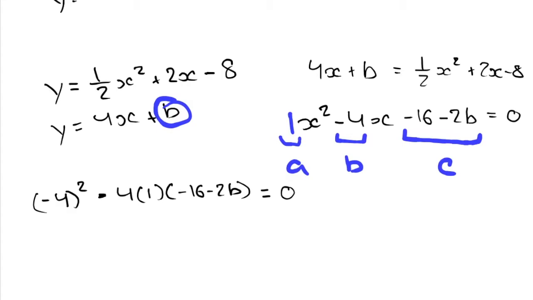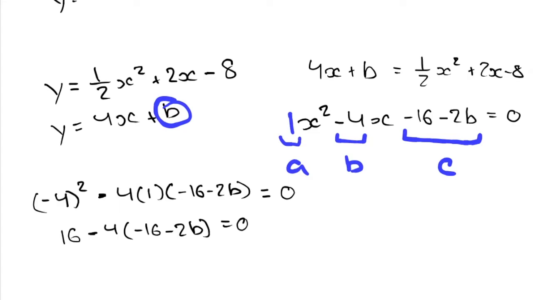So we're going to expand the left side of the equation and solve for b to get the y-intercept. So -4 squared is 16 minus 4 times 1, which is 4, of course, and then we have to expand this entire bracket over here, is equal to 0.